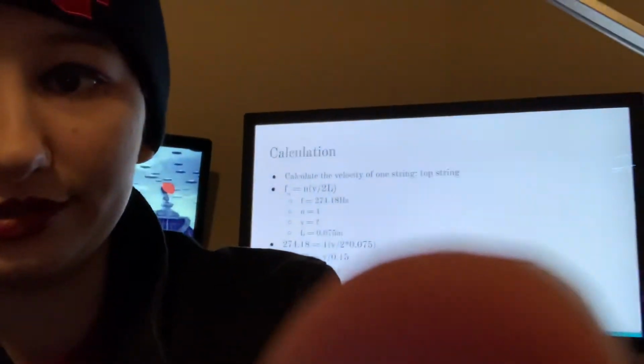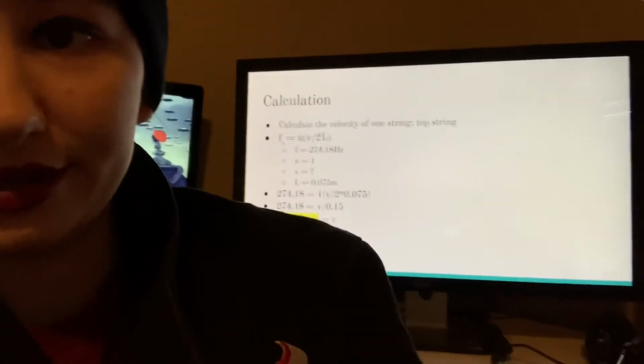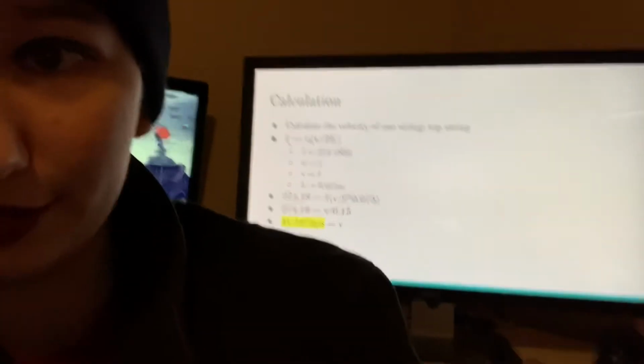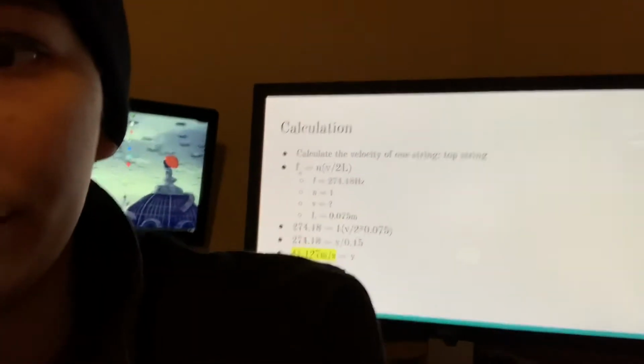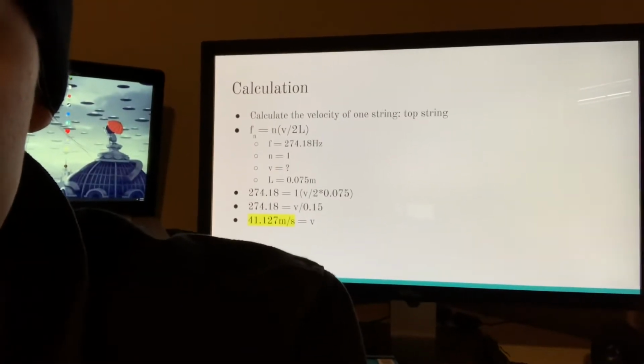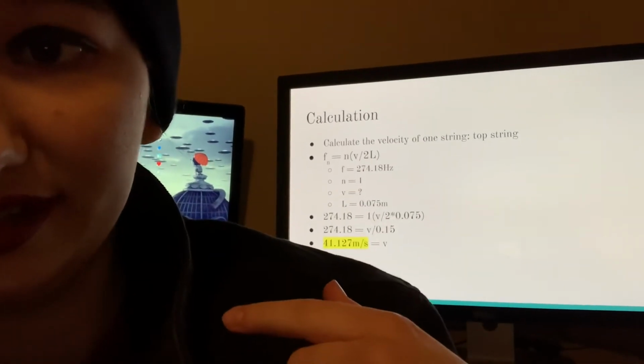So now I had to calculate the wave speed of one of the strings, and I did the highest note, the shortest length one. So you can see the numbers there, and I used the equation I mentioned.